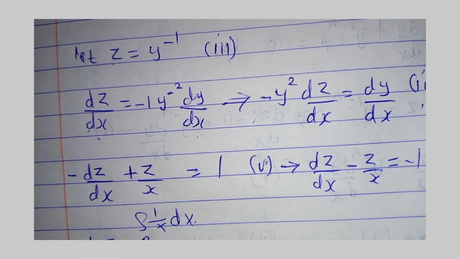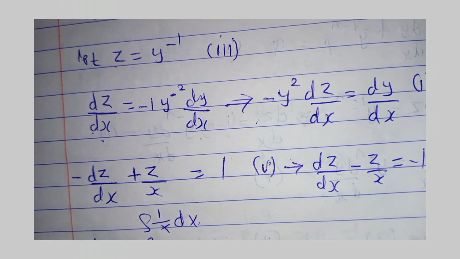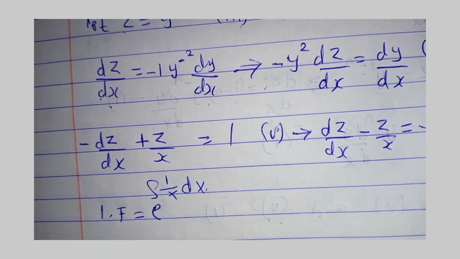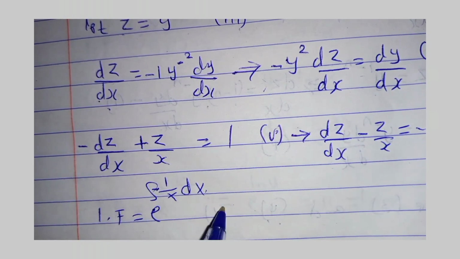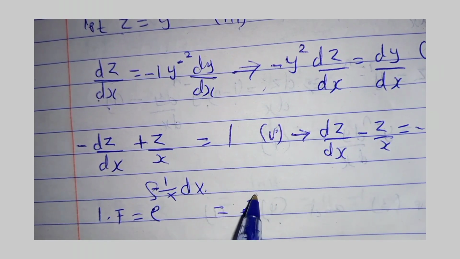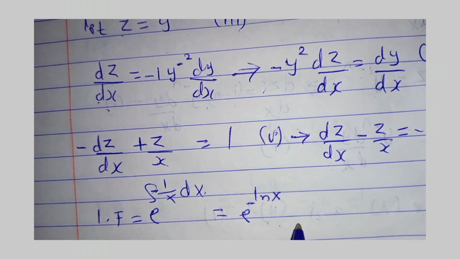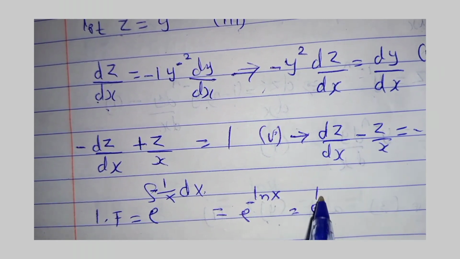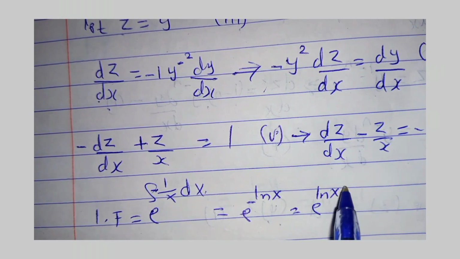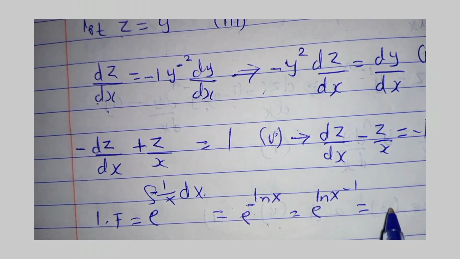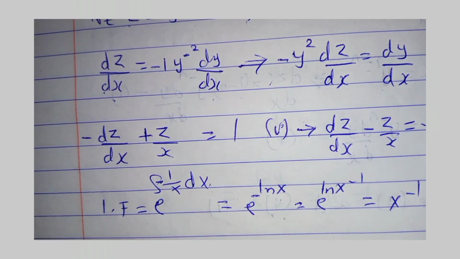That is dividing by negative throughout. So now this one, exponential of natural logarithm of x, can be written as exponential ln of x power -1, which is equal to x power -1.